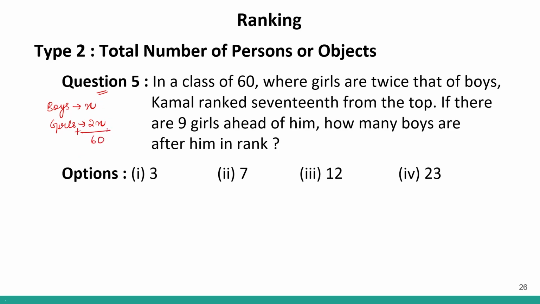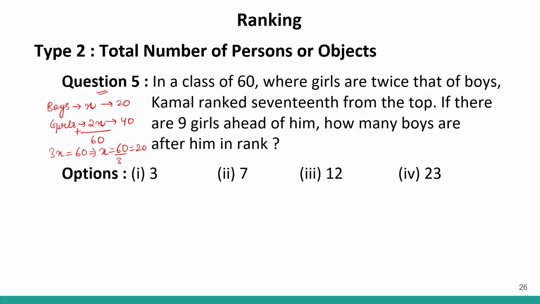Correct? So now if I add this, 3X will be 60. So X will be 60 by 3, that means 20. So boys will be 20 and girls will be 40. 20 into 2 will give me 40. So we will have 20 boys in the class and 40 girls in the class.